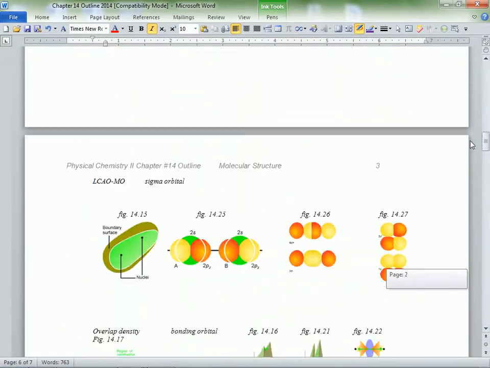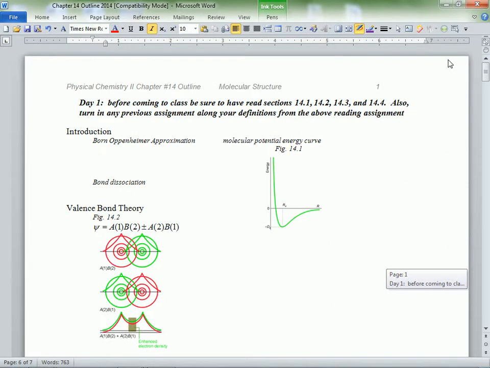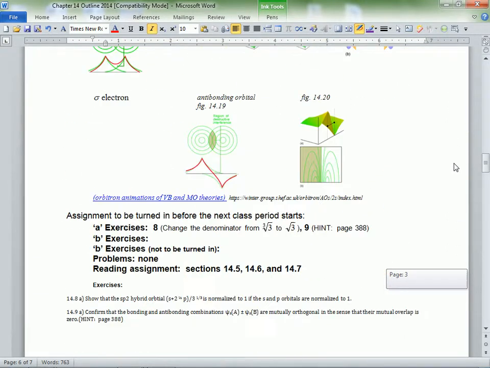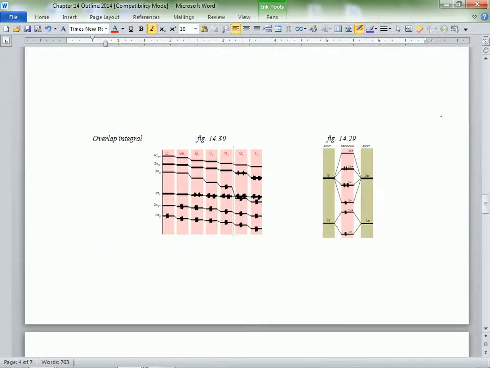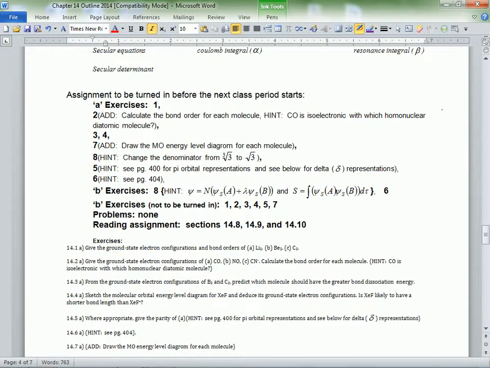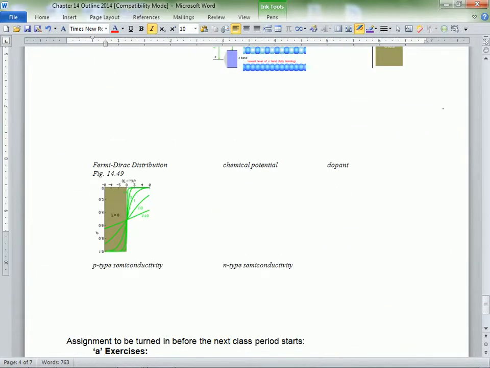Before, our molecular orbital energy diagrams looked like, where is it? No, here they are. Here's what our molecular orbital energy diagrams look like for molecules. But for metals, there are just so many. I mean, that's a molecule. We're not talking about molecules. We're talking about a solid. So many more molecular orbitals.